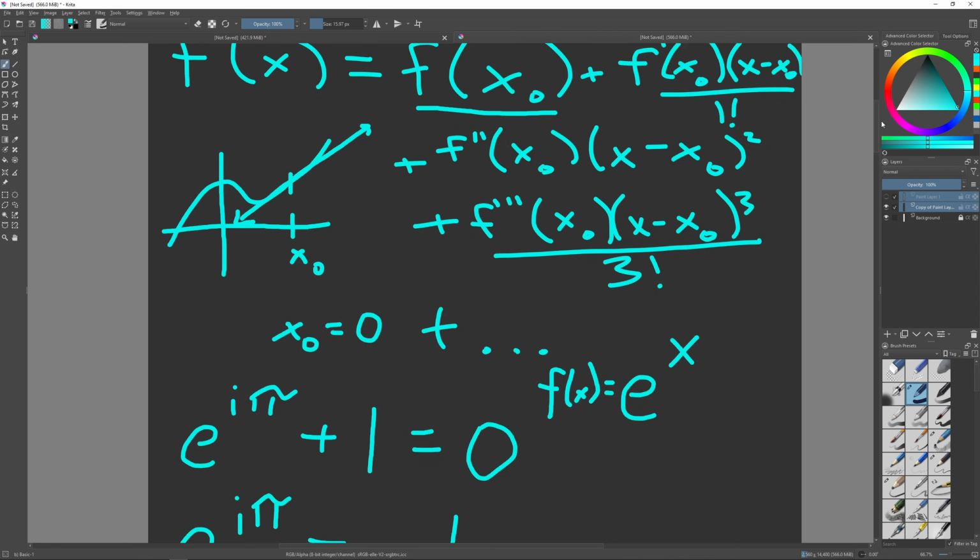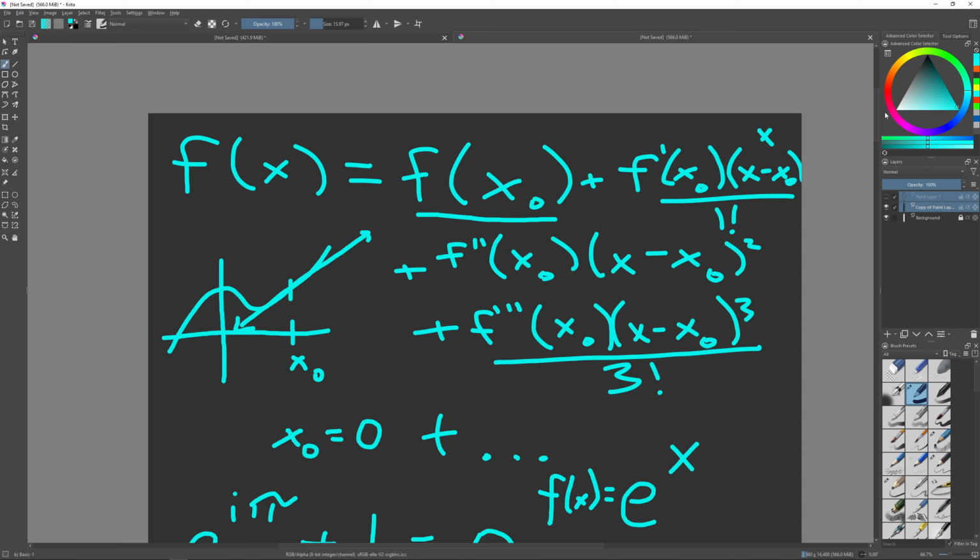Then the next step is the second derivative, which when we plug in 0 is again going to be e to the x, and it will always be e to the x no matter how many times we take the derivative. It doesn't change. And we keep plugging in 0 each time. So these just sort of disappear. They're just 1. And x minus x naught is just going to be x.